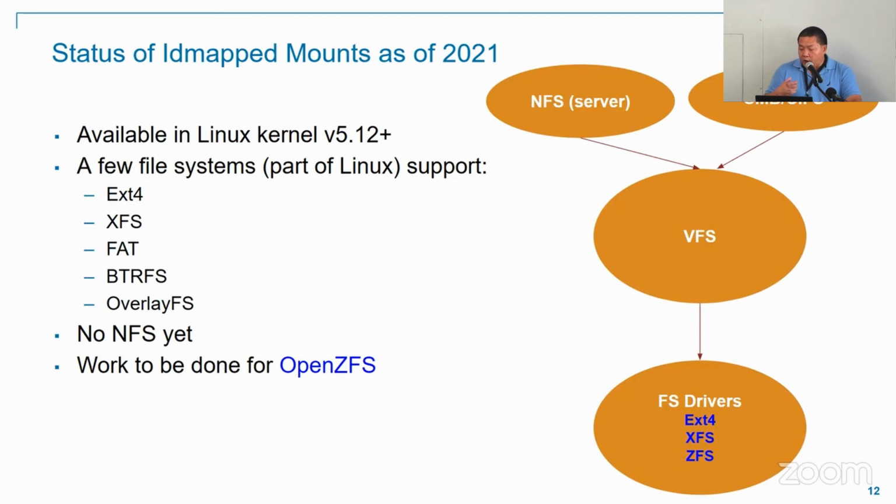The work for us is ZFS and NFS. For SMB Windows access, there's no need to do anything, because SMB or Samba, like smbd, sees the file system as if the developer is sitting on the server.